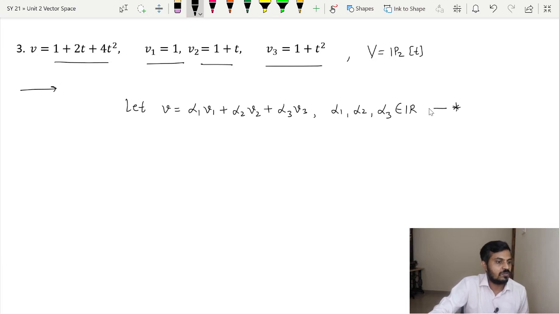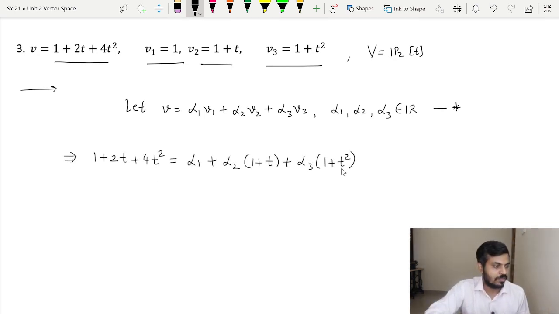So our job is to find the values of alpha 1, alpha 2 and alpha 3. Once we do that, then we can say that we have expressed v as a linear combination of v1, v2 and v3. So let us substitute the values. Now after substituting the values, this is what we get.